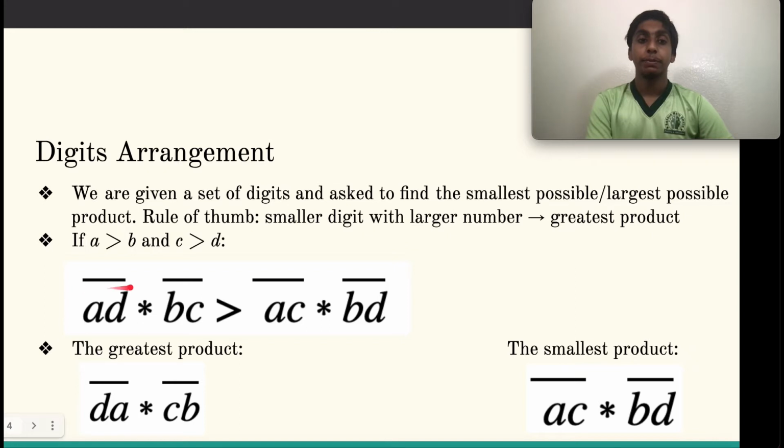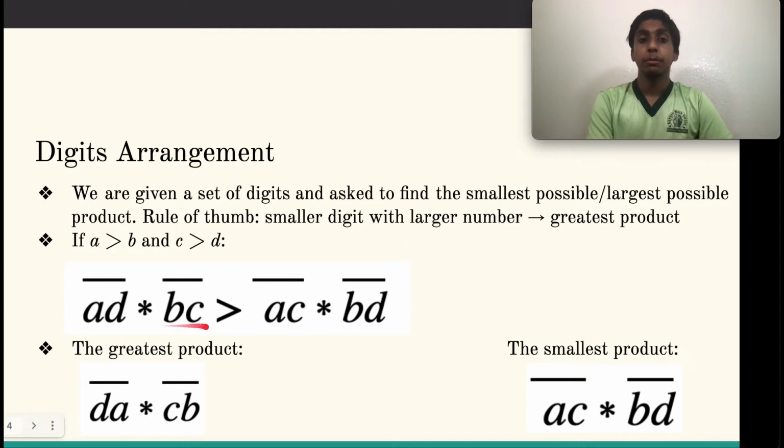But here, it means we're not multiplying A and D, we're simply putting them together. For example, let's say A is 1 and D is 4. I'm not going to multiply them to get 4. I'm just going to put them next to each other to get 14. That's what they mean by putting this little line over our AD and our BC here.